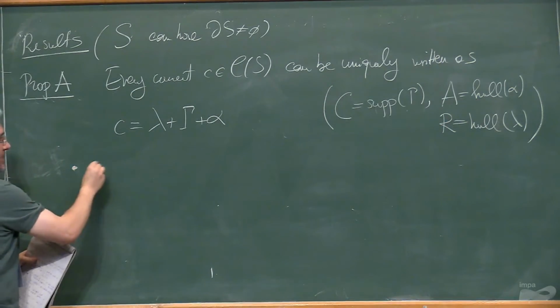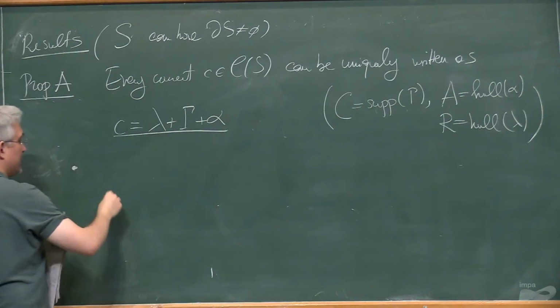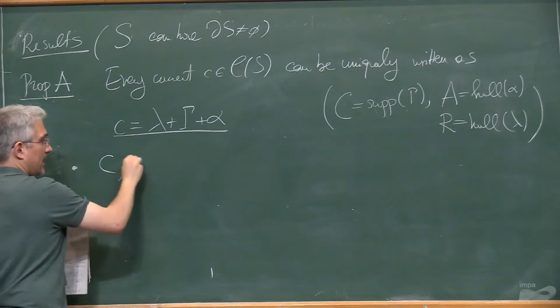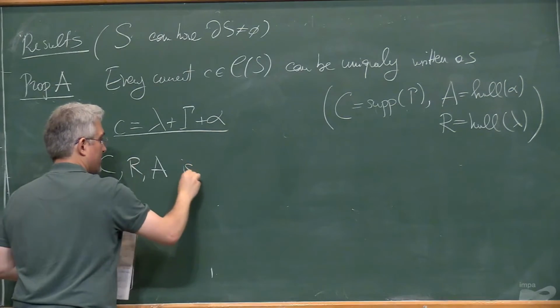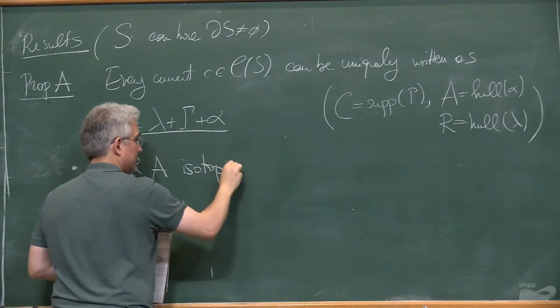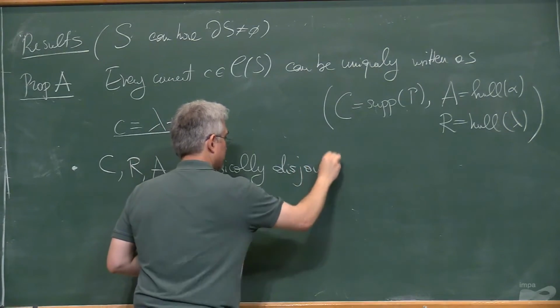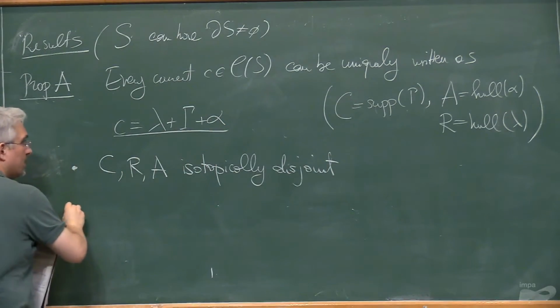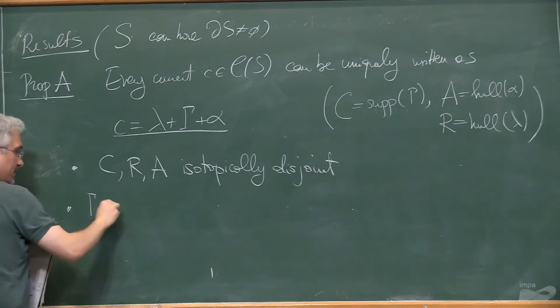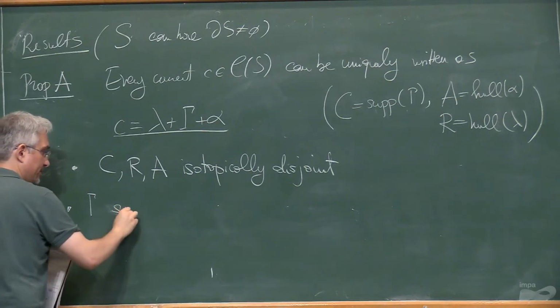So the properties that we want in this decomposition is that C, R, and A are isotopically disjoint. The second is that gamma is a simple multicurve.